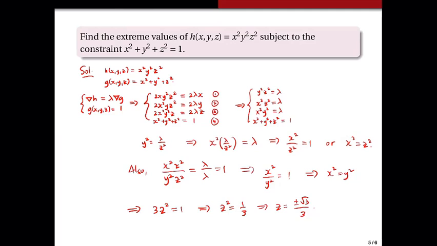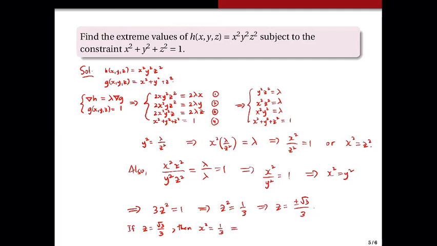If z equals square root of 3 over 3, then x squared is equal to 1 over 3.